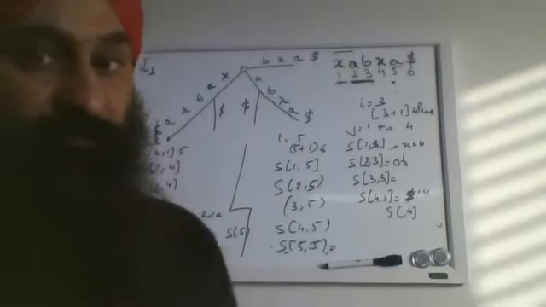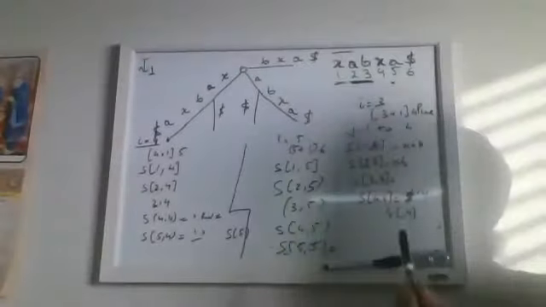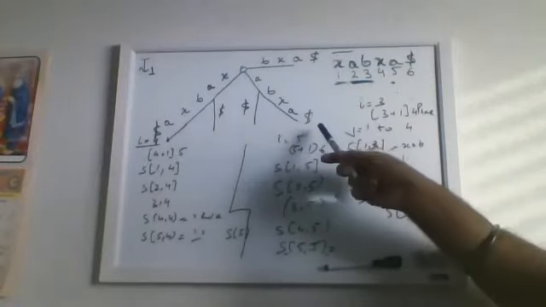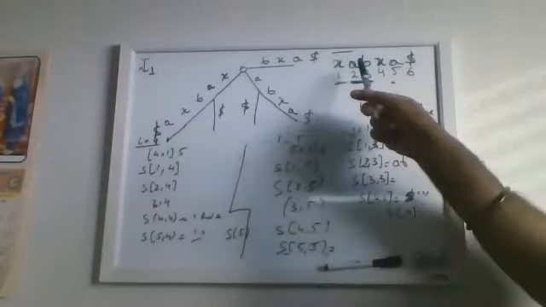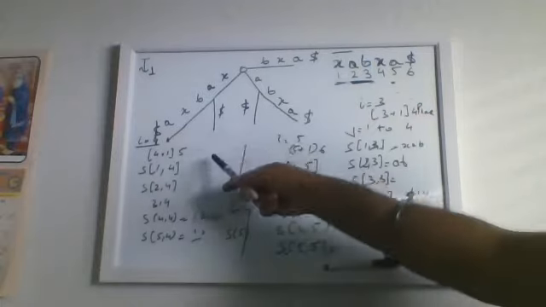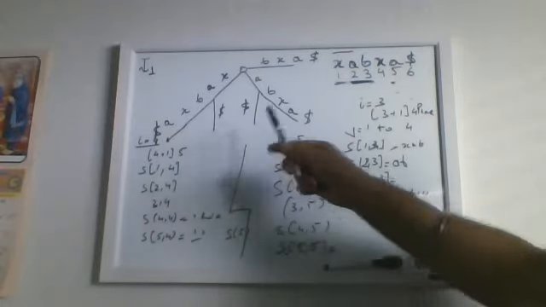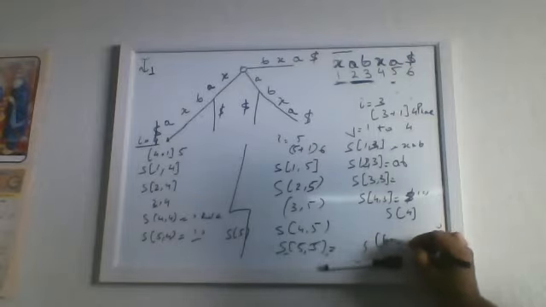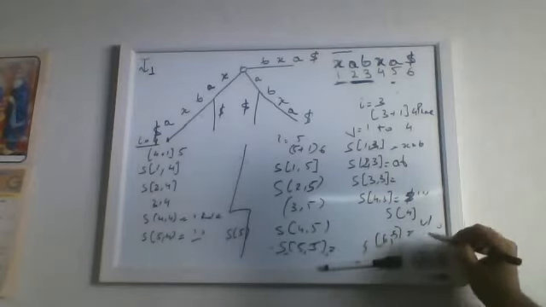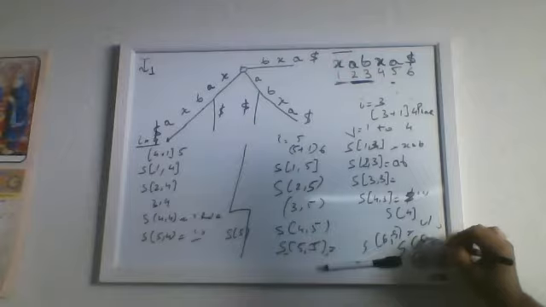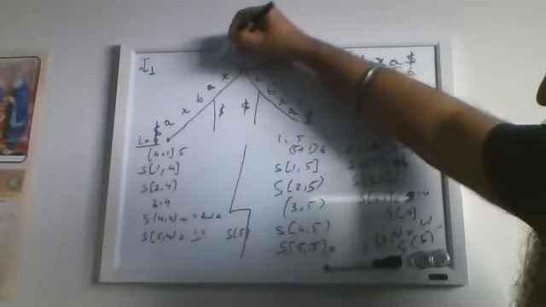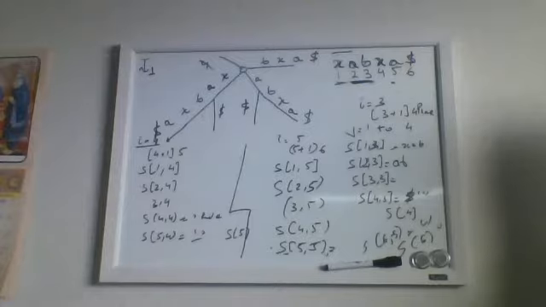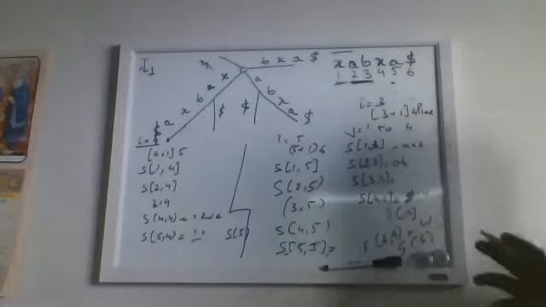So this is basically your suffix tree. If you check all the suffixes: XAB XA dollar is there, AB XA dollar is there, B XA dollar is there, XA dollar is there, A dollar is there. And lastly, we missed one thing, S[6..5], which is the empty string. So you just pick up the character S[6] and add it, so you create another dollar here. That was last. So this is basically your suffix tree.